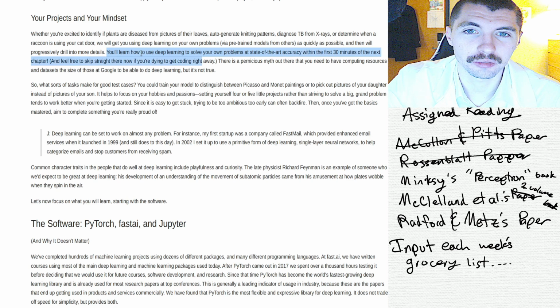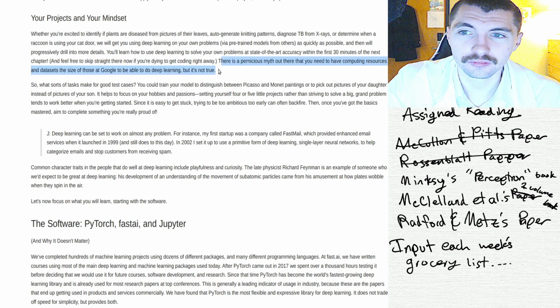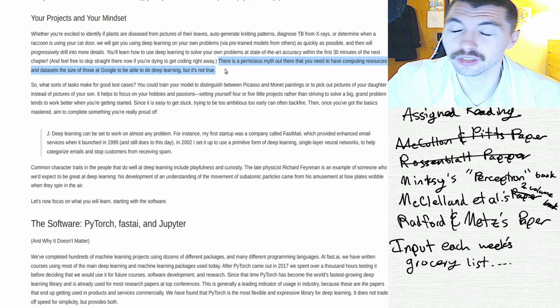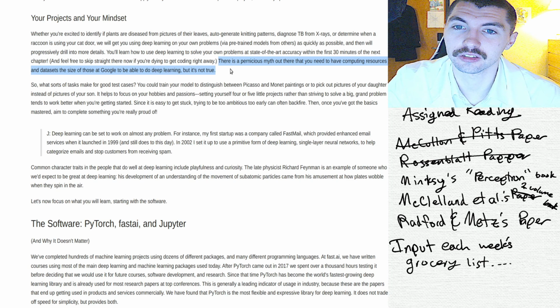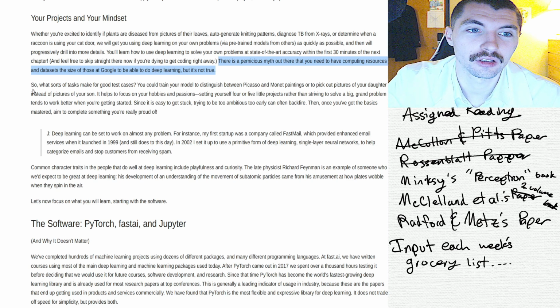You learn how to use deep learning to solve your own problems at state of the art actually within 30 minutes of the next chapter. So the next chapter is going to be pretty sick. Yeah, so this is not true. You can even rent cloud computing that is dedicated to AI applications for pennies.